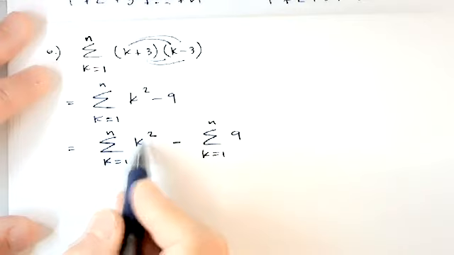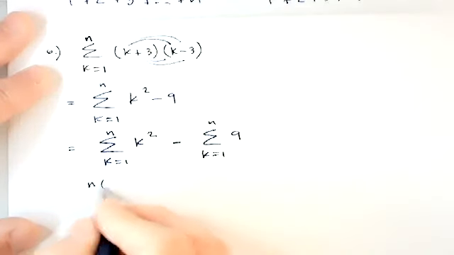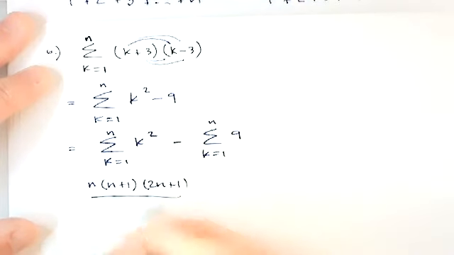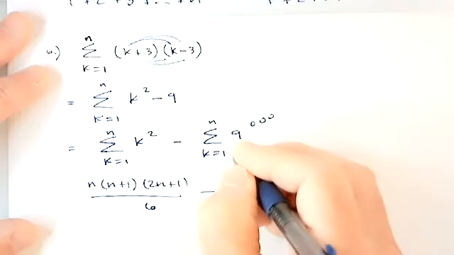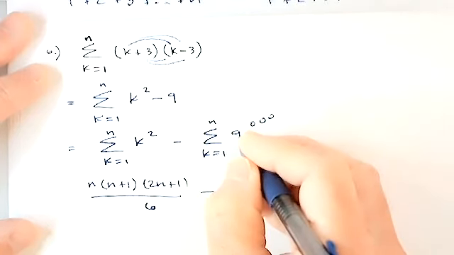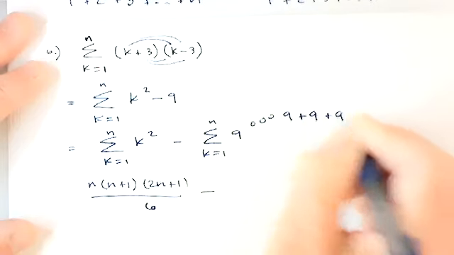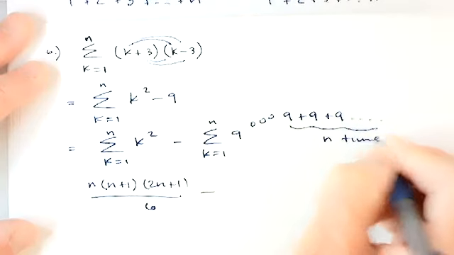And then this formula we had, right? That's the same as i squared. This is going to be n times n plus 1, 2n plus 1, all over 6. And then again, remember that if you just have a constant like this, it's just telling you to add 9 plus 9 plus 9, in this case, n times.